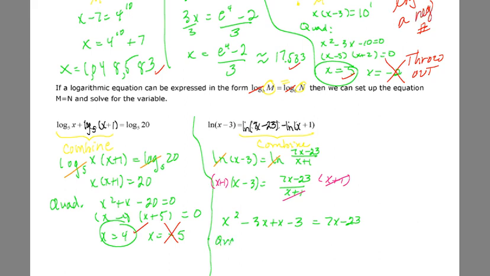Quadratic again, so let's get everything on one side, get it equal to 0. x squared, if I bring the 7x over and subtract it, I'll end up with a negative 7x, a negative 3x, and a positive x, so that'll be a negative 9x.